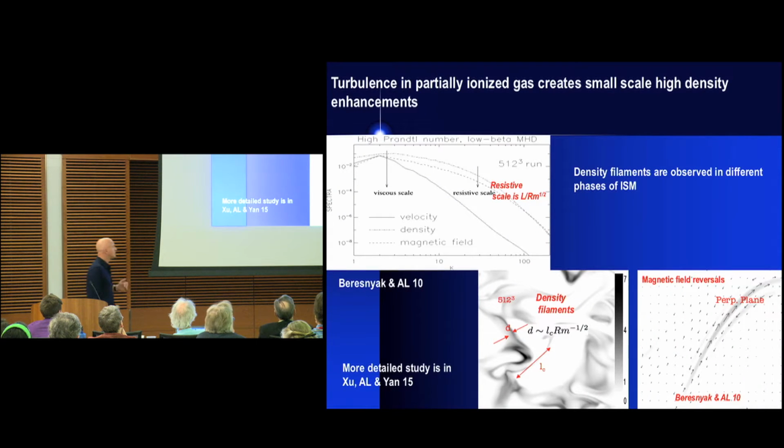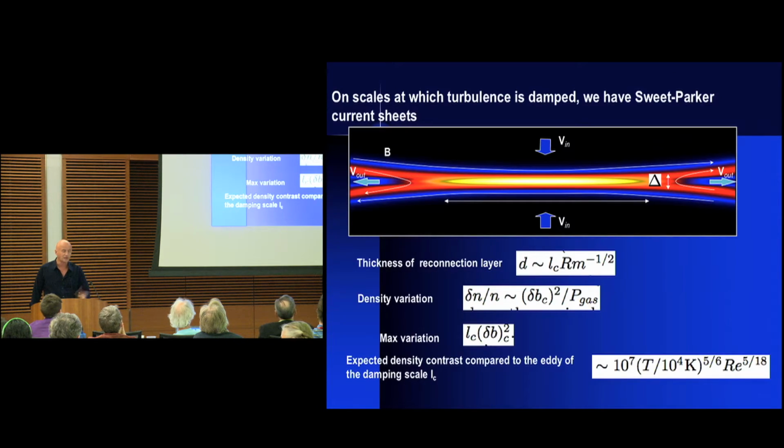It can also be some fraction of a parsec in cold neutral media. Because we are suppressing kinetic energy, but magnetic fields are still frozen in, we can have this current sheet of the order of Sweet-Parker.